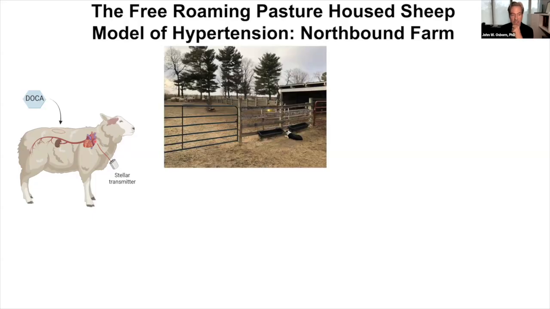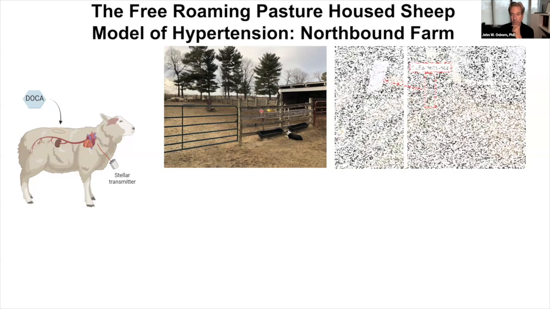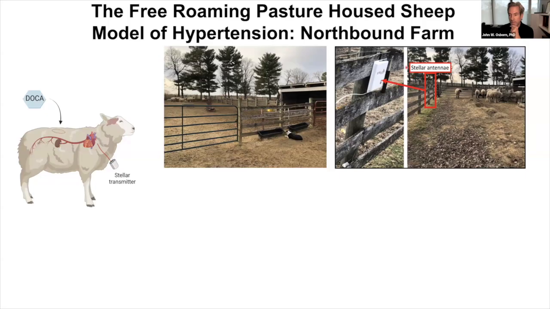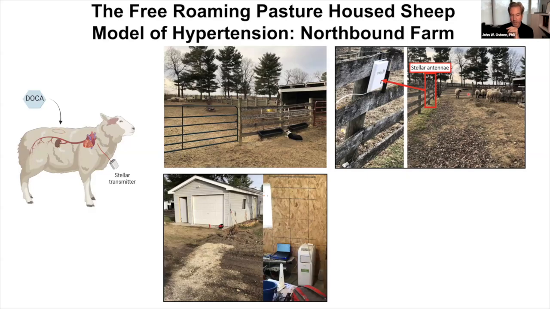And the beauty of this is we have a farm for the University of Minnesota, which is just across the border in Wisconsin, 45 minutes away, where we can house these animals and actually study them on the farm. So, for example, what we did is we put the antenna for the telemetry device right near where they come in to eat and drink every day. So all the data that's stored when they come in to eat and drink, it gets downloaded. So this is right across the road.